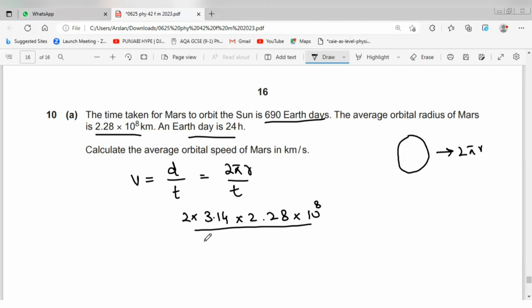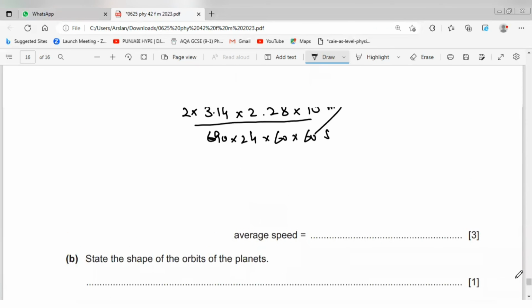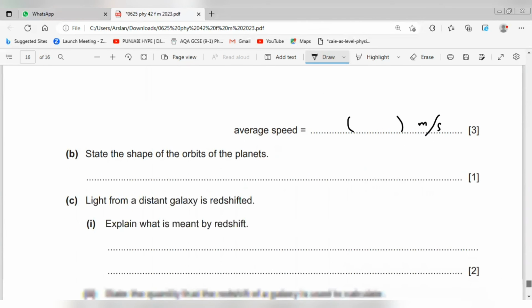So you will get 690, one day has 24 hours, 24 hours have 60 minutes, and 60 minutes have 60 seconds. So you will get the answer in meters per second. After calculating, you will get the right answer. You have to solve it. I'm saving time, it's up to you.